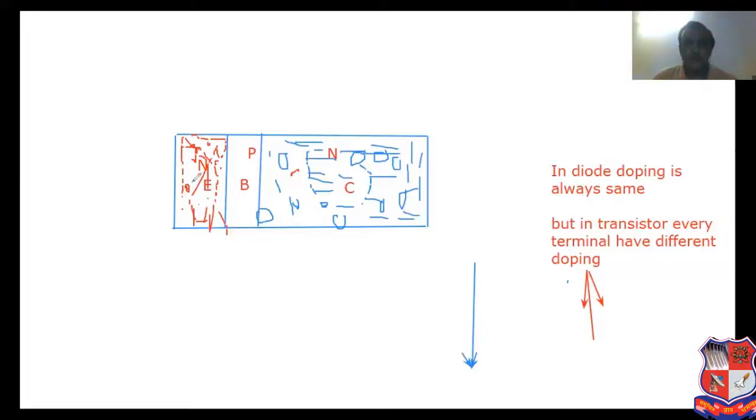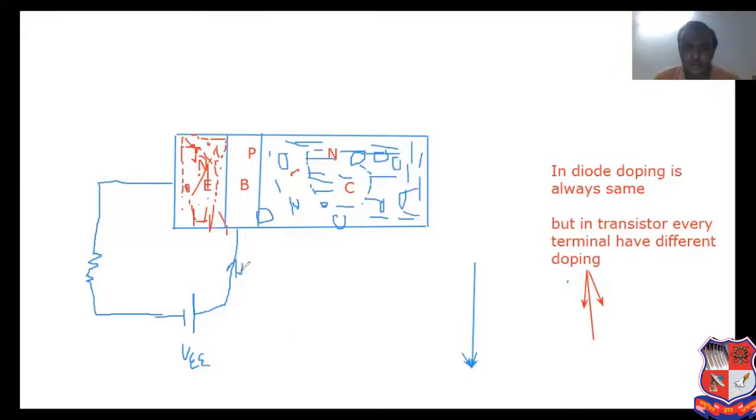Now we want to flow a large amount of current, so externally we connect the battery through a resistor. See, this is the base terminal, and the base-emitter junction is connected in forward bias. This is known as the VEE battery, and here current flows.